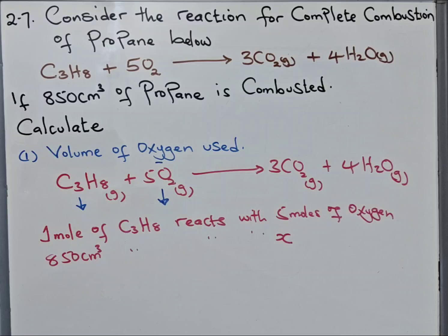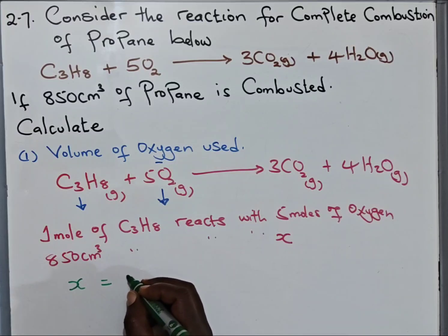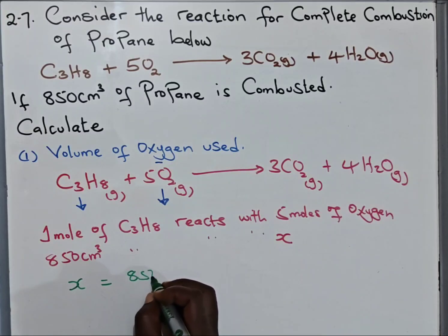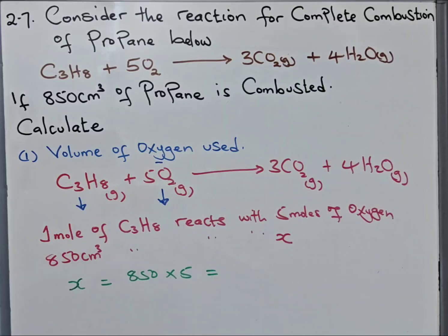Okay, and what do we do here? We cross multiply. In cross multiplying, we are going to get our X, because it's going to be X times 1, giving us 850 times 5. Yeah, that is it.